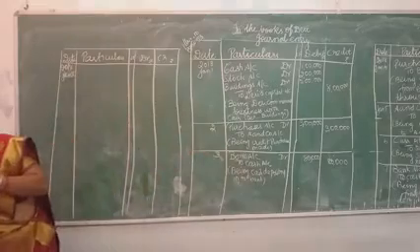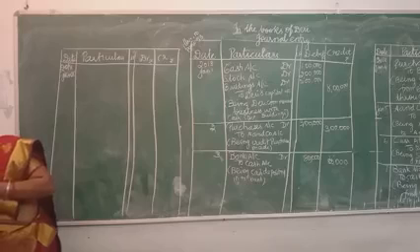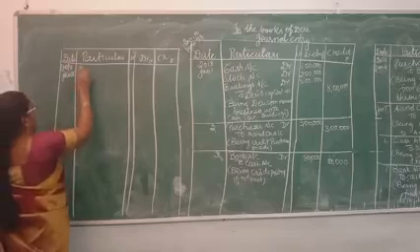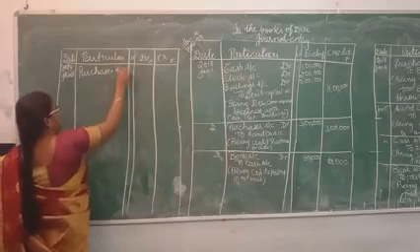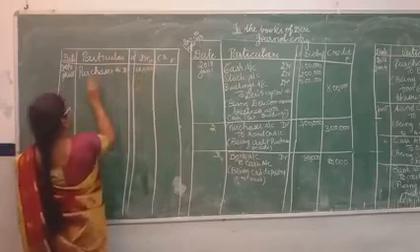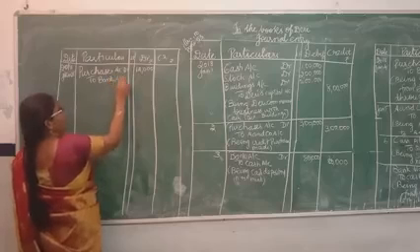January 8. Purchased goods from Z and paid through debit card. How many rupees? 12,000 rupees. So purchase account debit, because it is a nominal account: debit all expenses and losses. Purchases to bank account. Our bank account will reduce, so credit the giver.